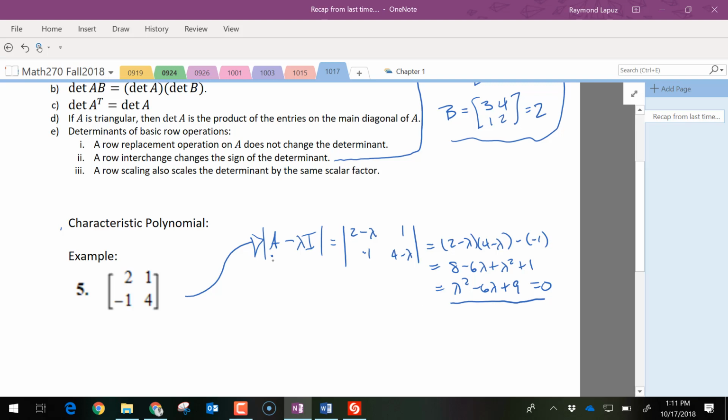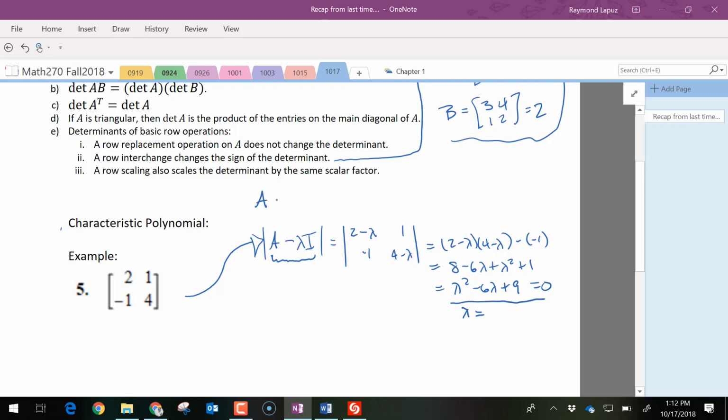Not the matrix A, but the matrix A minus lambda I. So this is -3. So when we find lambda, we're finding the numbers that make A minus lambda I singular.